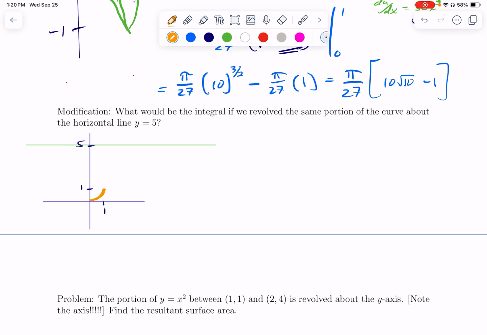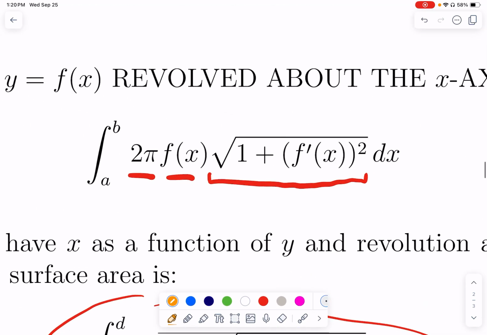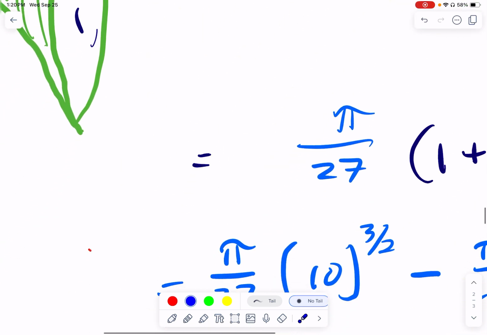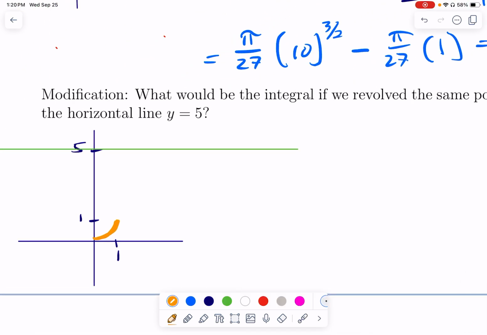We want to be a little bit flexible. We had this formula here, but it's good if we remember where this comes from. What this comes from is modifying this area formula from a cylinder, which was essentially 2 pi times the radius times the thing that's kind of like a height. What changes in this problem is simply the radius.